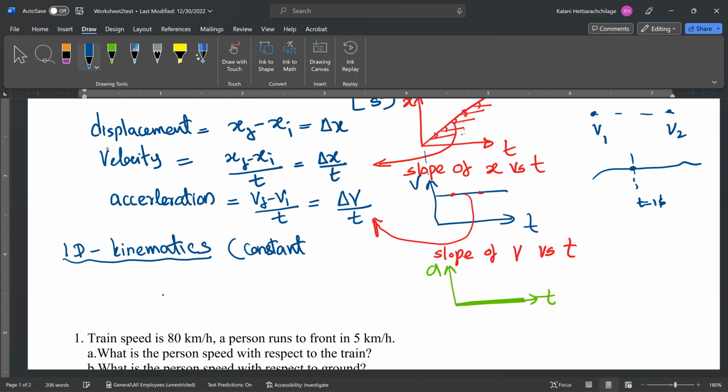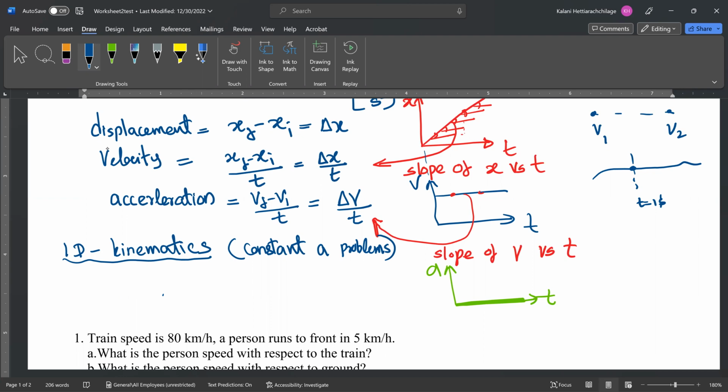So constant a problems, right? The relation between velocity, displacement, acceleration, and time, everything together, we can derive three kinematics equations. They are useful when the acceleration is a constant. In that case, it can be 0 or it can be a constant, right? That is what we call kinematics.